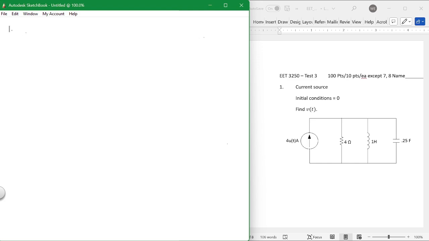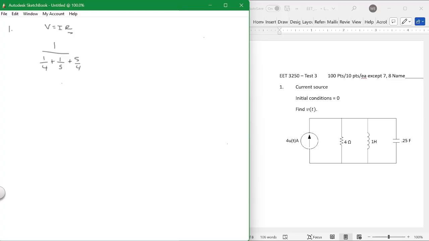Okay, so we've got to go pretty fast in order to get through this. We have to look at the resistance. V equals IR, and we have to find the R, which is 1/4 plus 1/S plus S/4.